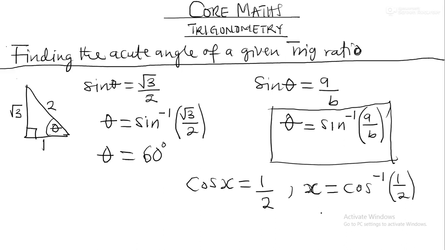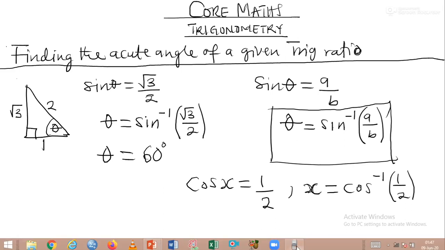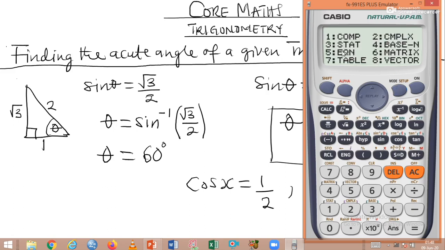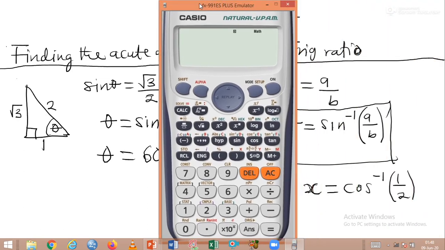Okay, so let's see what value we'll be getting. Let's reset, and you always have to make sure that the mode is on the general mode, which is 1. Now we are to find cos inverse of half.